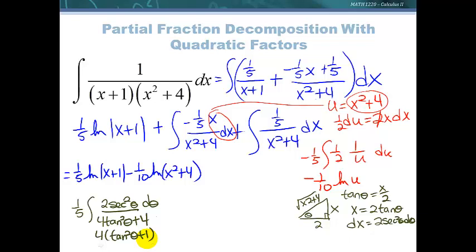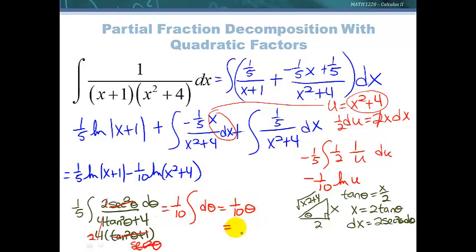And we know that we can replace that with secant squared theta, and that will cancel with our secant squared theta up here. This 2 will cancel and leave me a 2 in the denominator. And so I'll bring this 2 in the denominator out in front. So that's going to be 1/10 integral of what essentially is left here, just d theta. So that's going to be 1/10 theta.